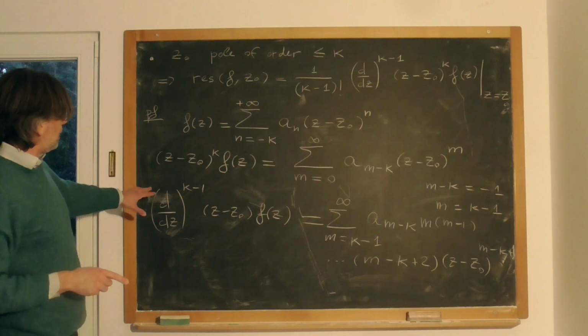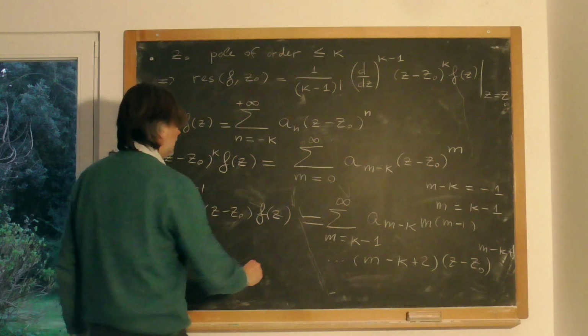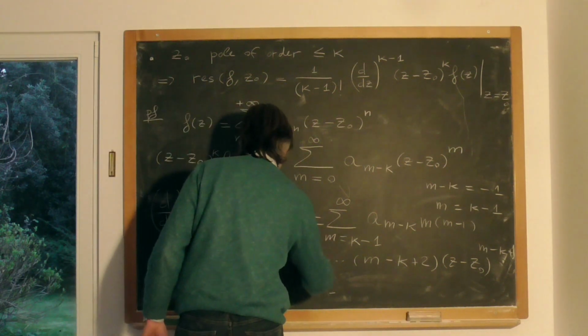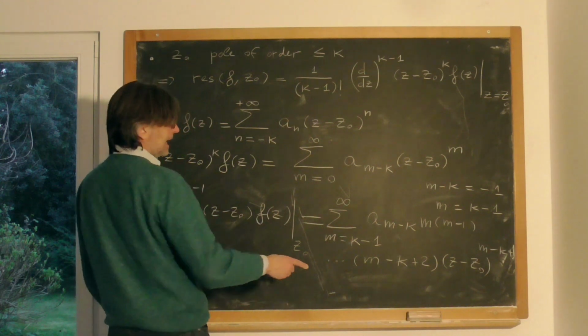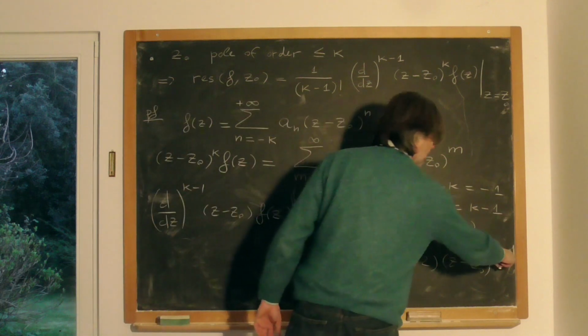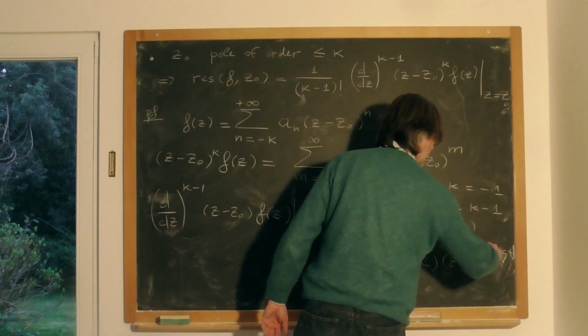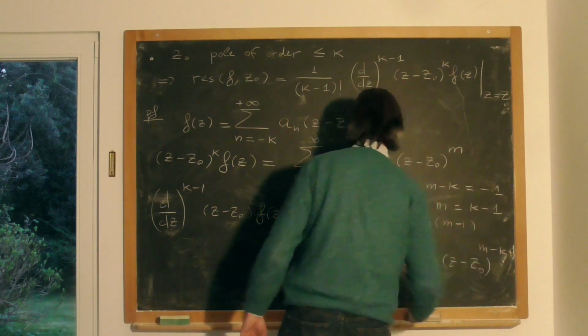And then if we evaluate the derivative at any z, if we evaluate it at z equal z0, what we obtain is exactly the term where the exponent is 0, so when m is k minus 1.